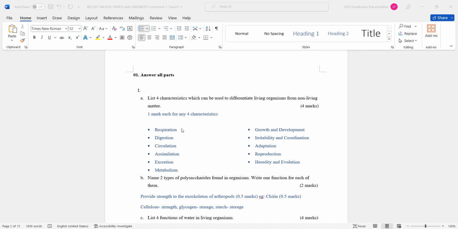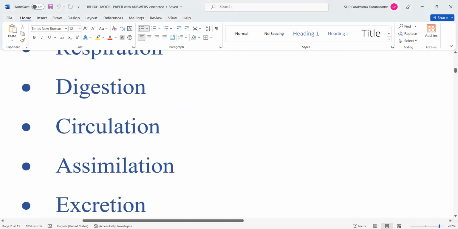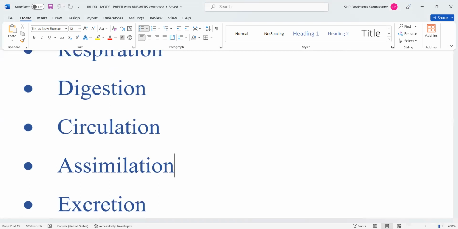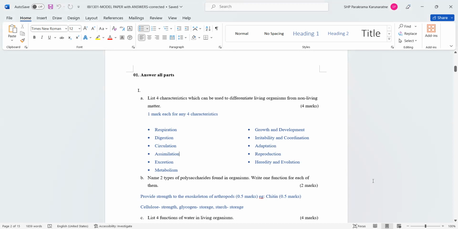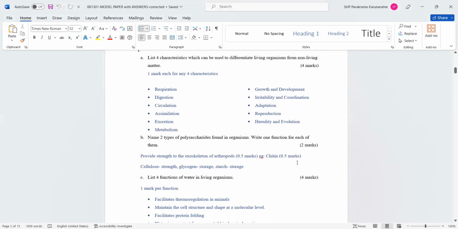So the first question is, list 4 characteristics which can be used to differentiate living organisms from non-living matter. So it is very easy. Living and non-living, it is very easy to understand.